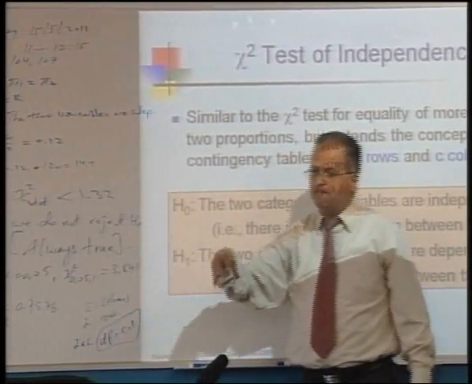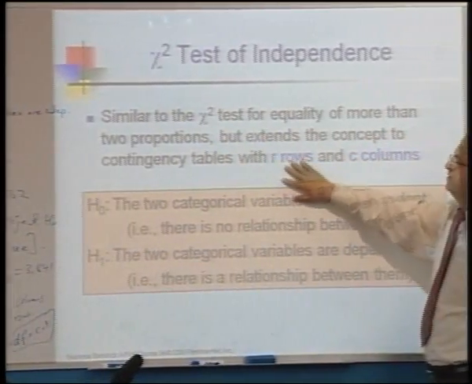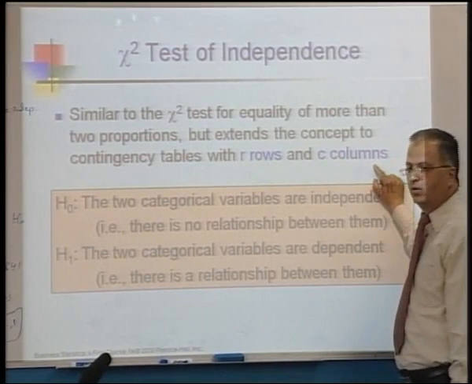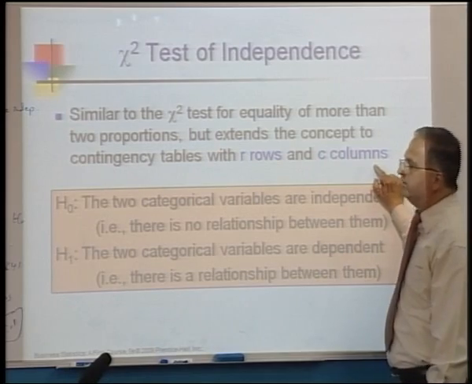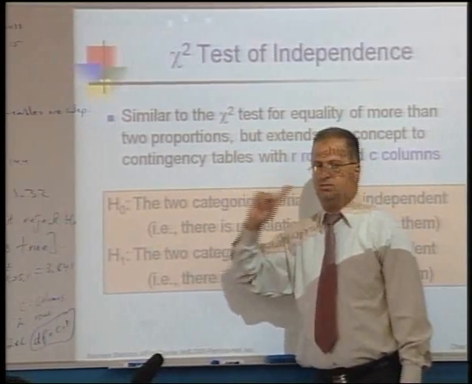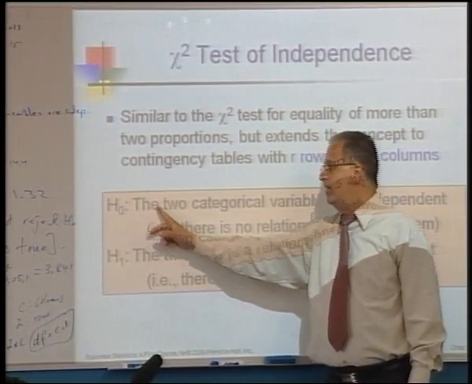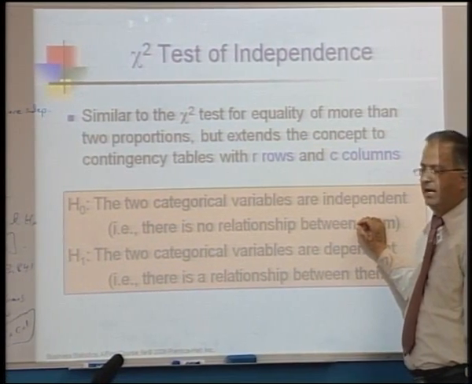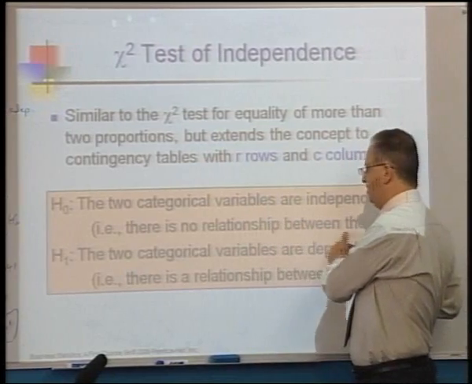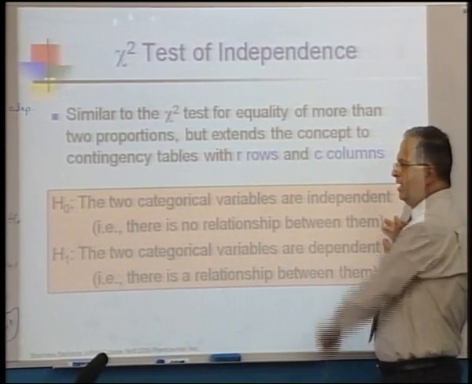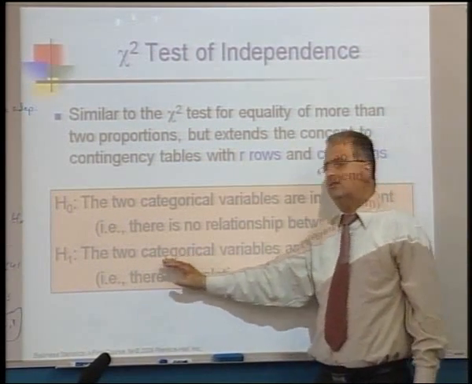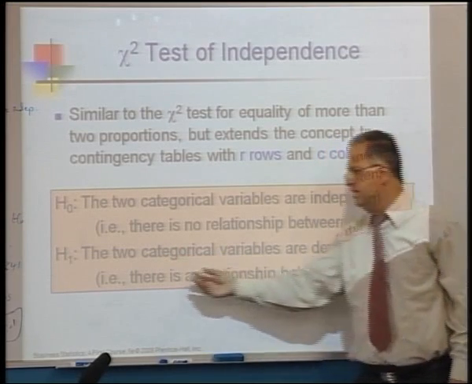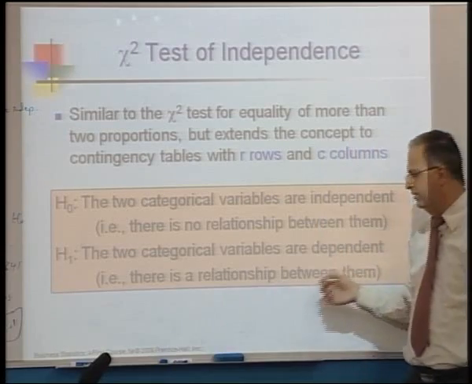Now suppose we have a contingency table that has R rows and C columns, and we are interested to test to see whether the two categorical variables are independent. That means there is no relationship between them, against the alternative hypothesis, the two variables are dependent. That means there is a relationship between them.